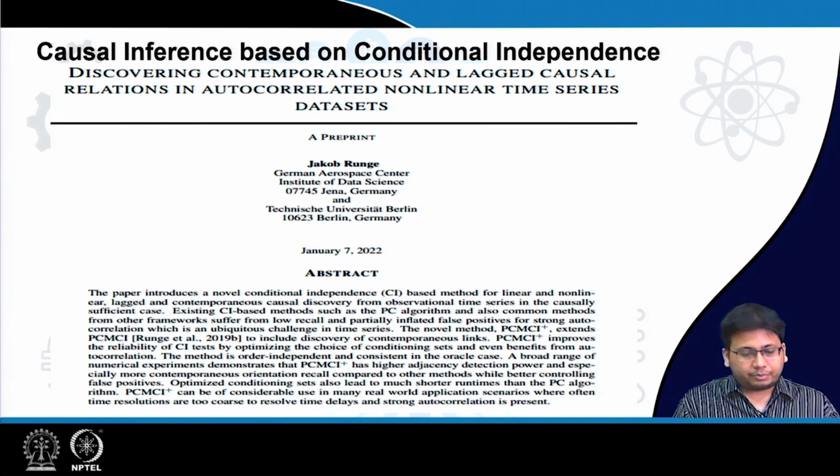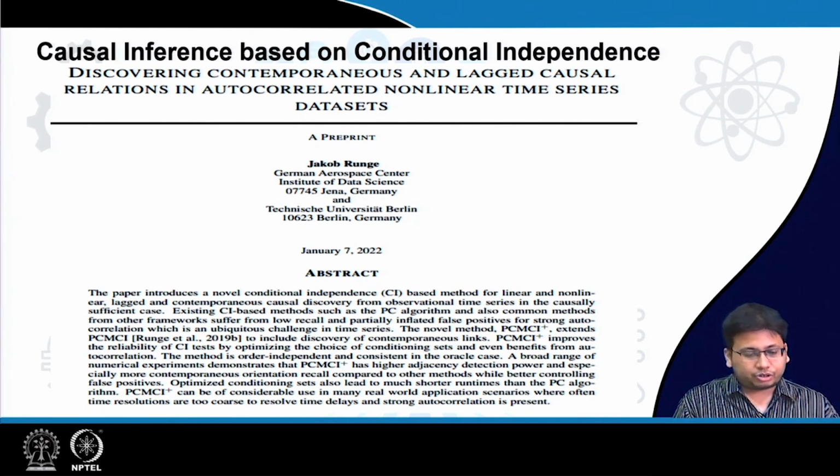PCMCI plus improves the reliability of the conditional independence tests by optimizing the choice of conditioning sets and even benefits from autocorrelation. Autocorrelation earlier was found to be detrimental to identifying causal relations, and often resulted in mistakes, but here the claim is that autocorrelation will actually be utilized to make a more efficient algorithm. The method is order independent and consistent in the oracle case.